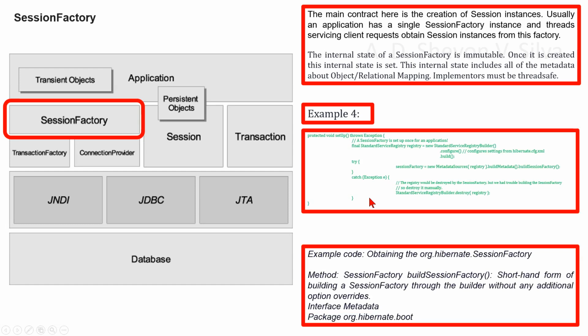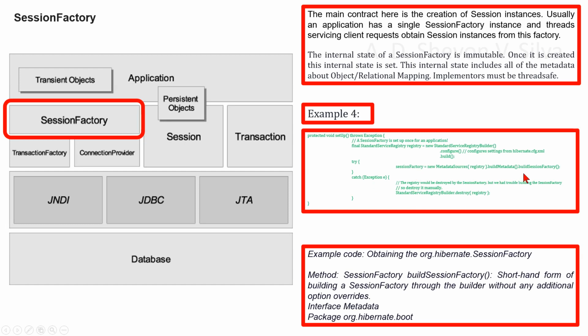Now we are considering native Hibernate APIs and hbm.xml mapping. In this example code, we obtain the org.hibernate.SessionFactory.